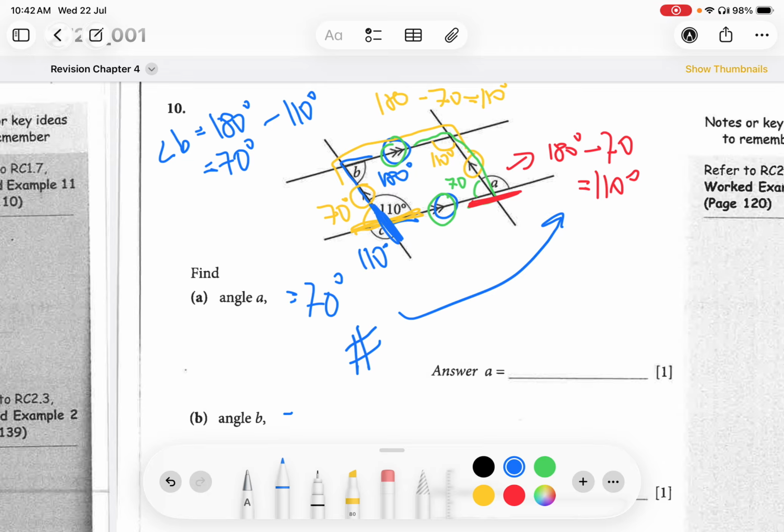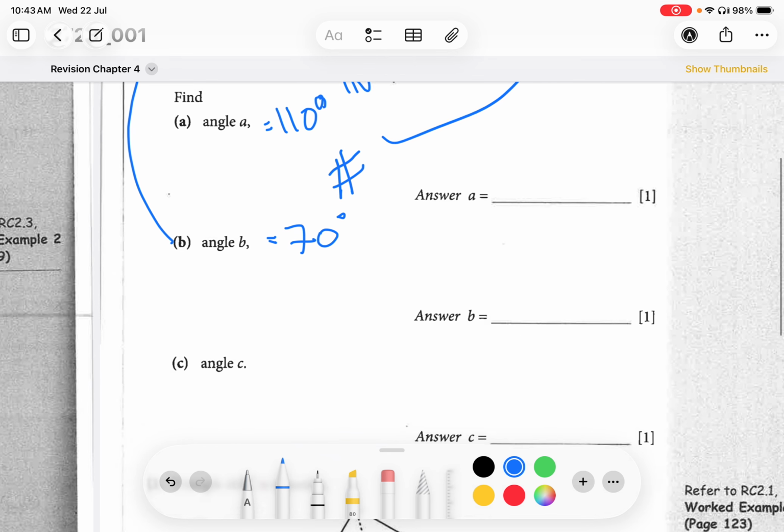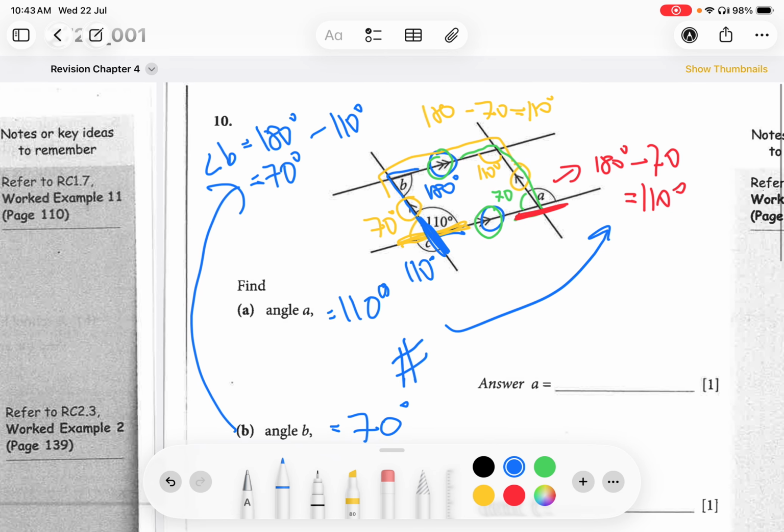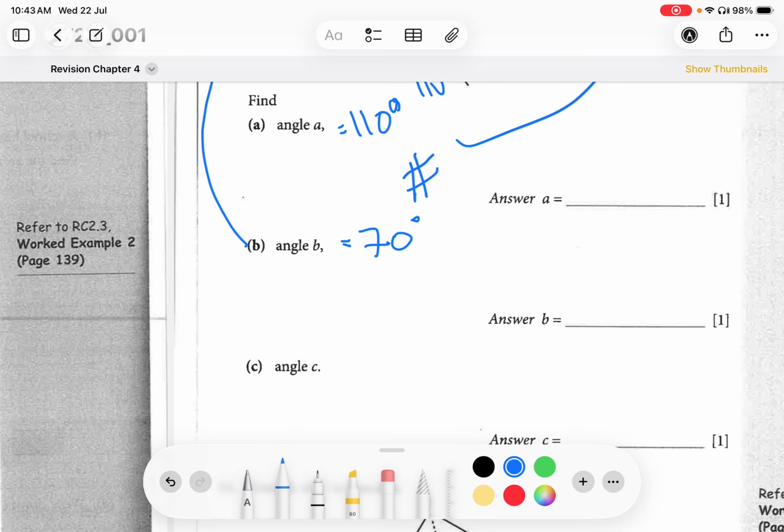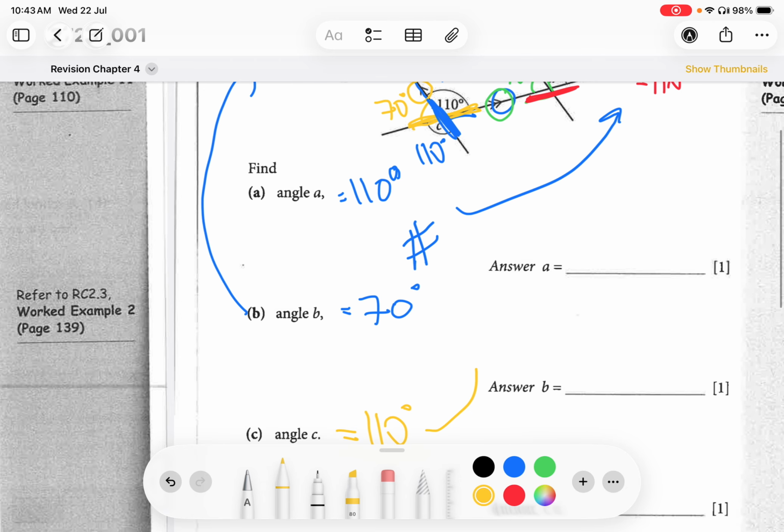My angle B is also 70. So my angle A is 110 from here. My angle A is 110 from here. My angle B is 70 from here. My angle C is 110. Angle C is 110 degrees from here.